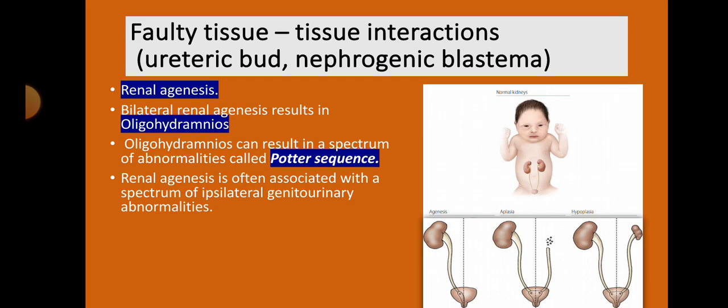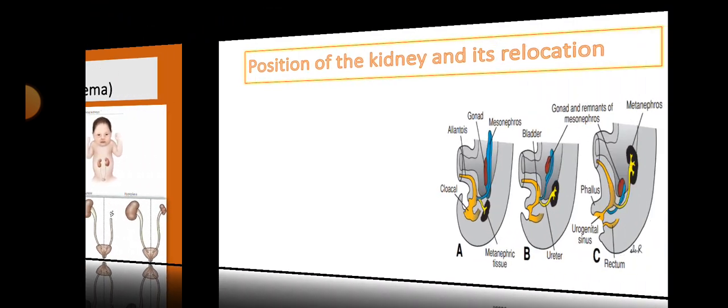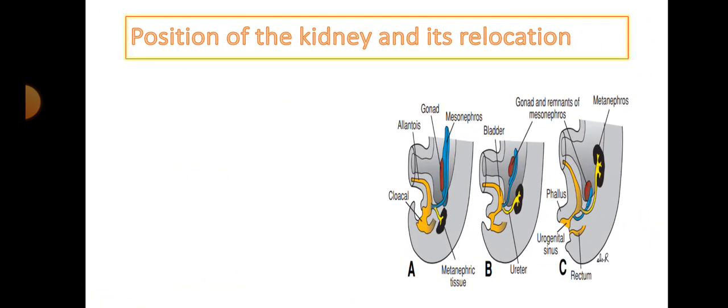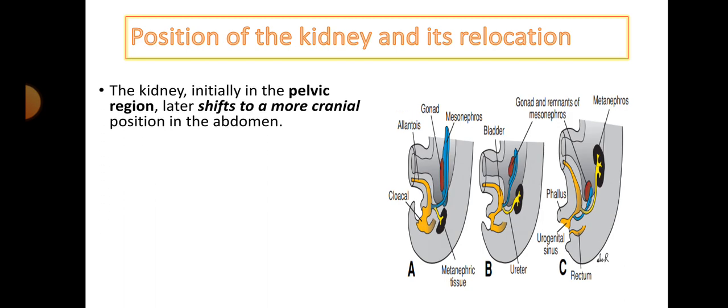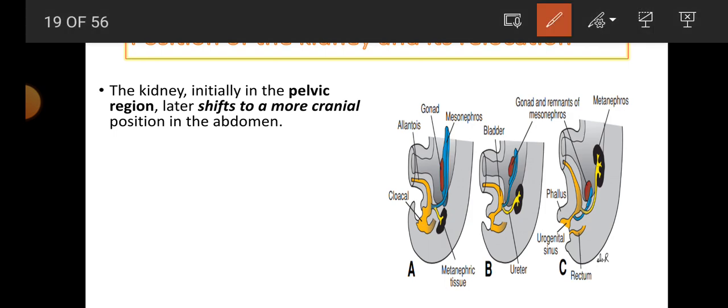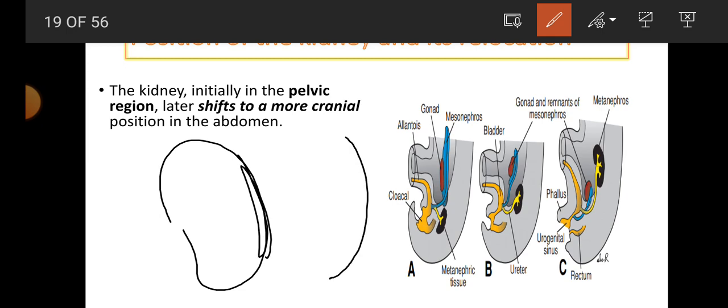The next thing we should keep in mind is the positioning of the kidney and its relocation. Initially, the primordial permanent kidneys lie close to the pelvis, but due to the diminution in the curvature of the embryo, this curvature diminishes.